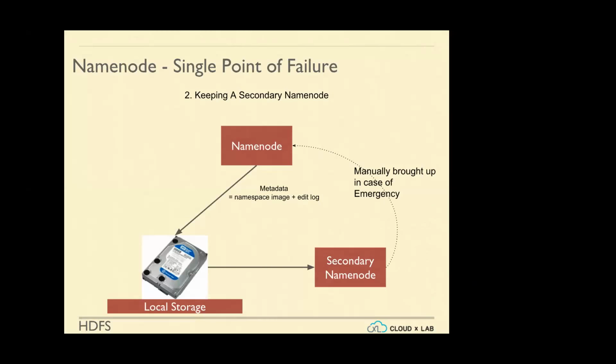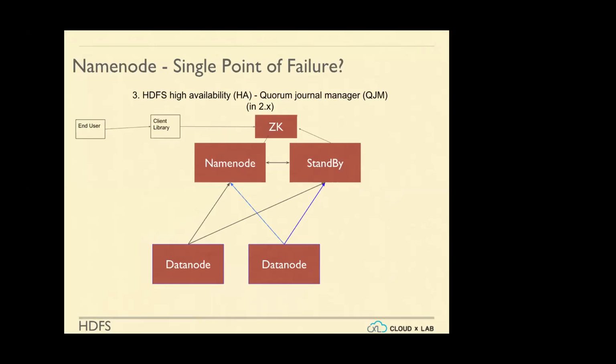This is not really a secondary name node; it's more a way of recovering the metadata. A lot of manual work was still involved. This was in Hadoop 1. In Hadoop 2, the failover became really well handled.